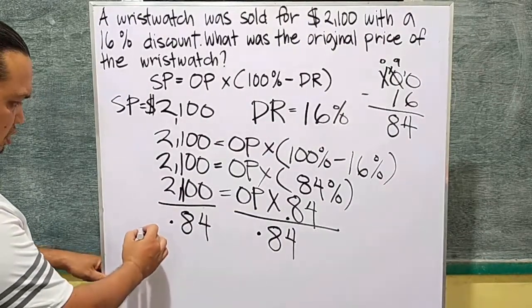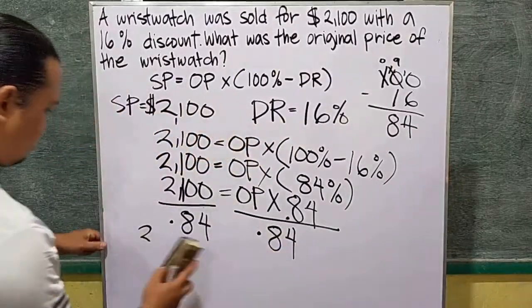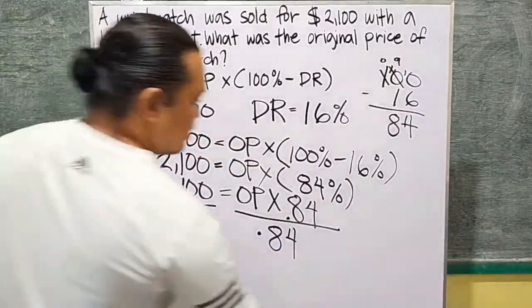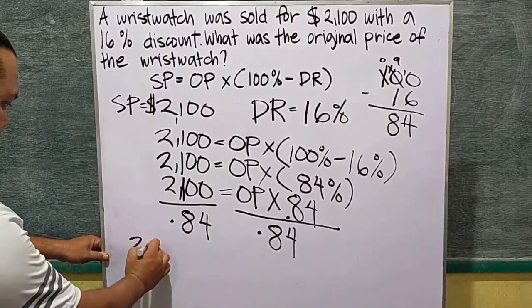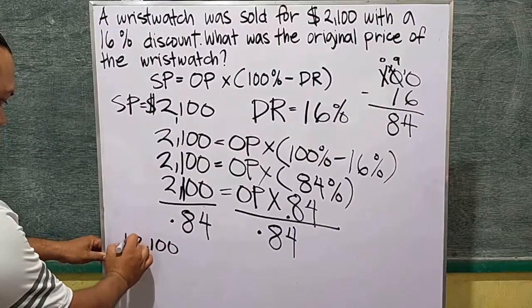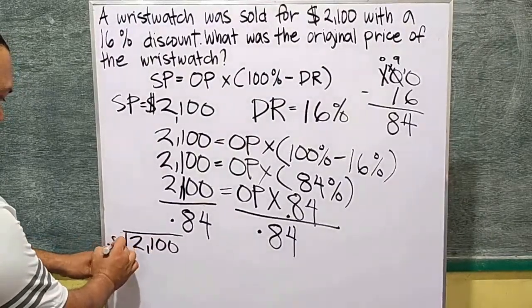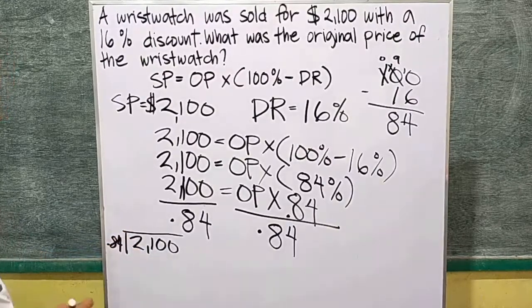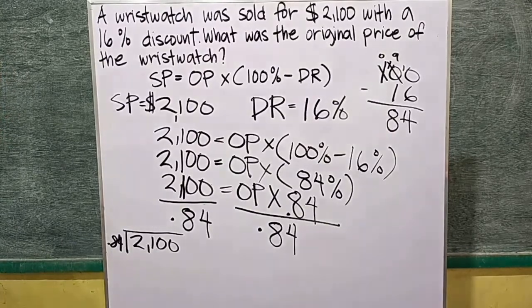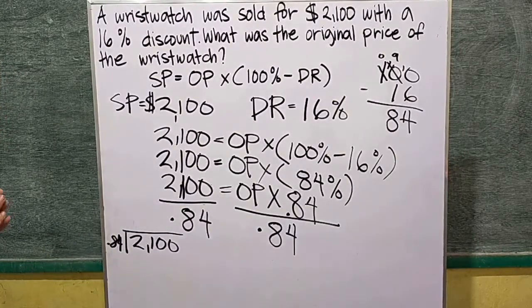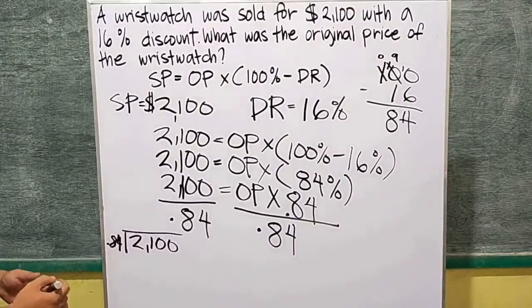2,100 divided by 0.84. So we are dividing a whole number by a decimal number. And how to do that? We must change first the decimal number into a whole number. How?